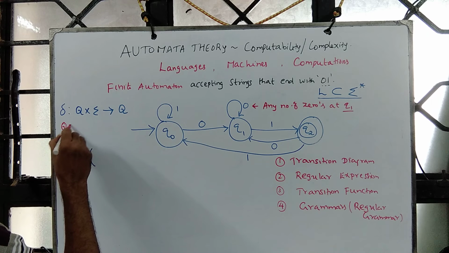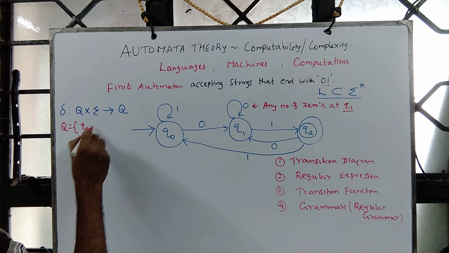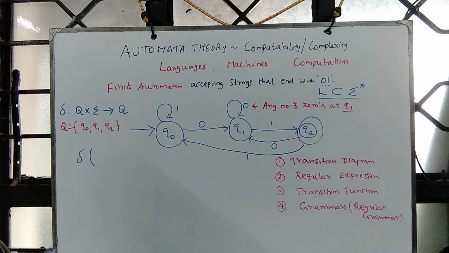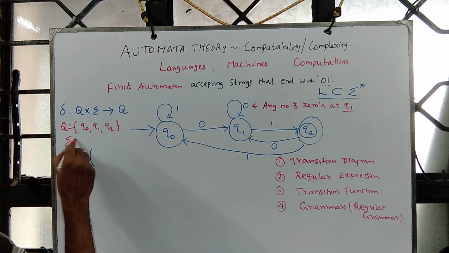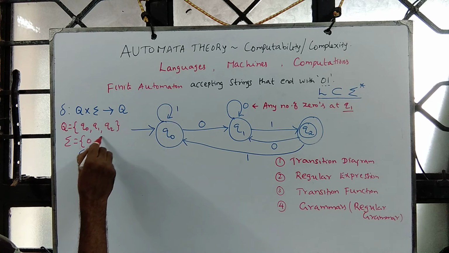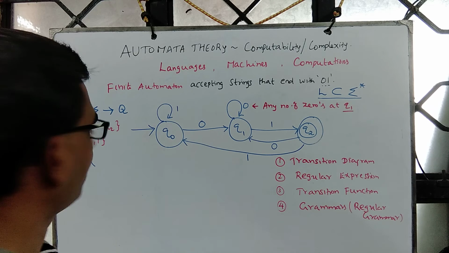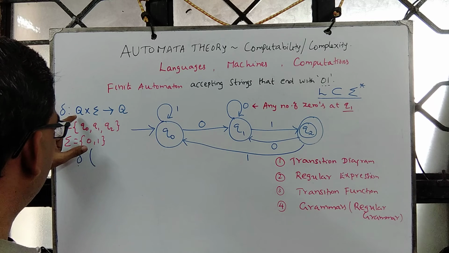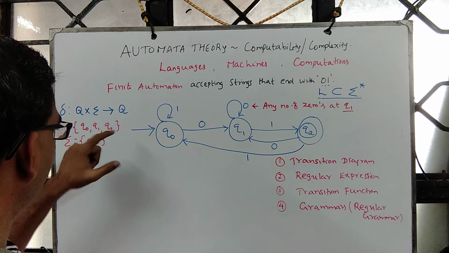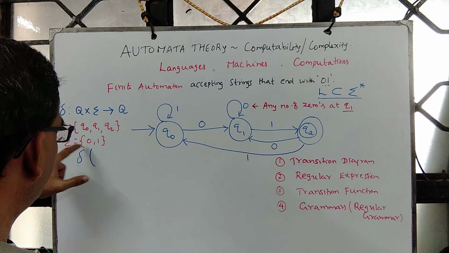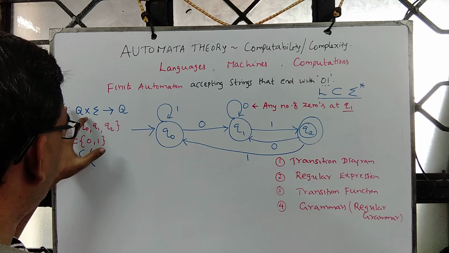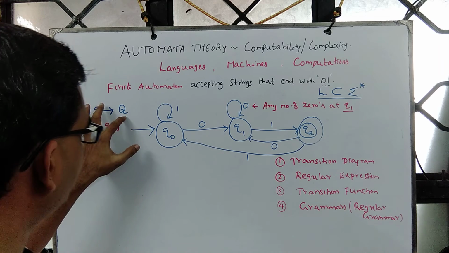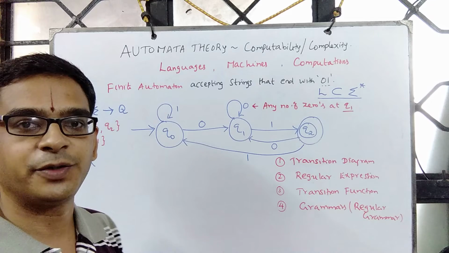Q represents the set of states, here q0, q1 and q2. And sigma represents the input alphabet, in this case 0, 1. So Q cross sigma is the cross product, with the first set being q0, q1, q2 and sigma being 0 or 1, mapping to the set Q itself, which is q0, q1, q2.